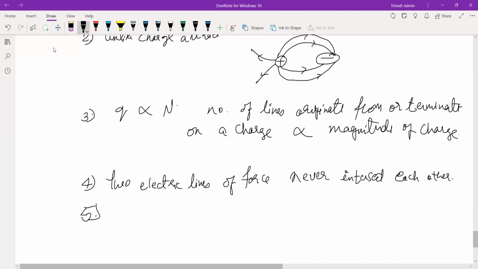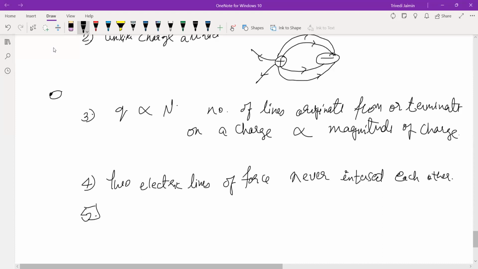They never intersect. Now, suppose they are intersecting, that means they will show two directions at the same point. If you remember, we had the same reasons in 10th standard also. Like electric field lines never cross each other because at that point there will be two directions.